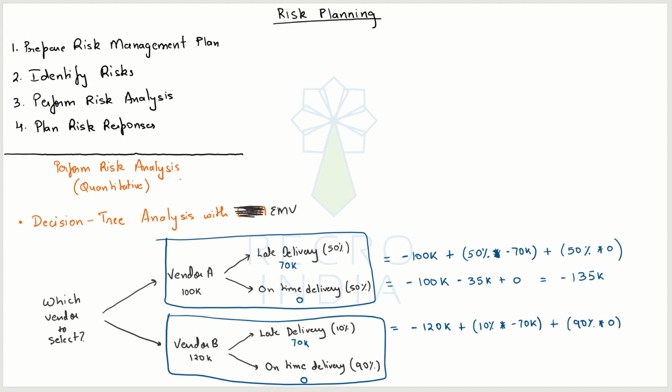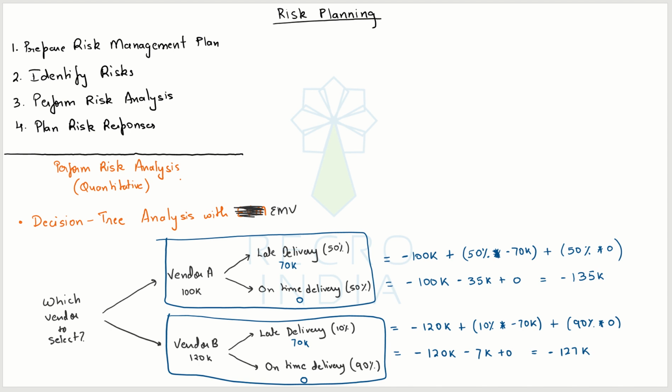So basically, if we solve this out, it comes out as minus 7k plus 0, which is equal to minus 127k.